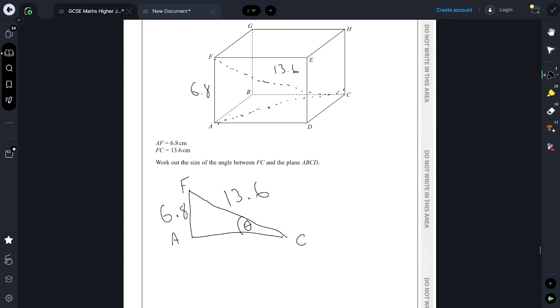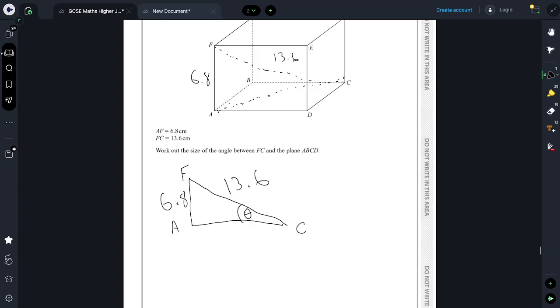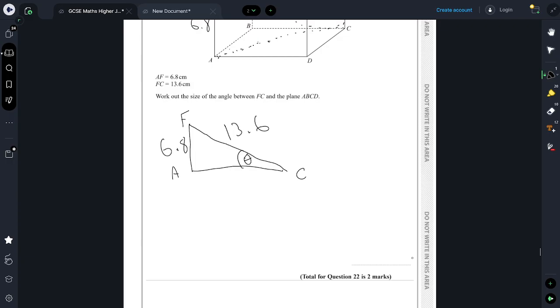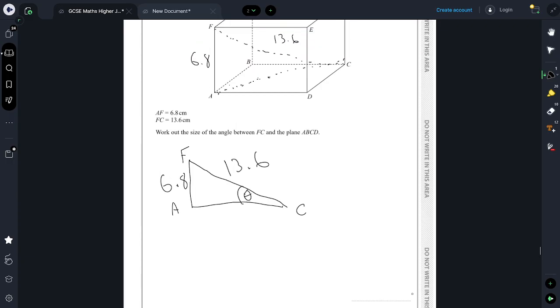So it does give you a clue of where to go, because you know F to C and you know it's going to have to include A. So that's a good bet. And actually, this is the triangle that we have here. It's only 2 marks, so that's the triangle we're working with.